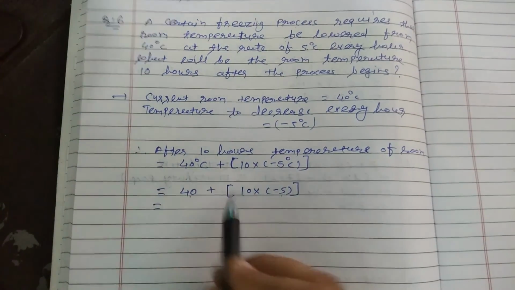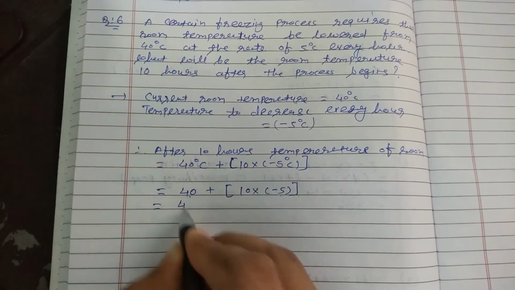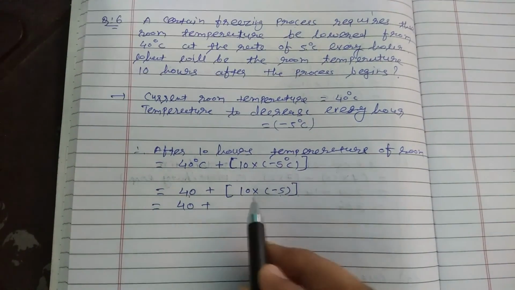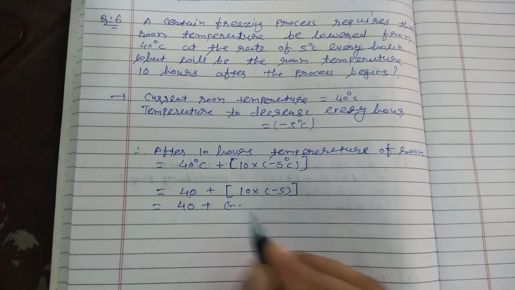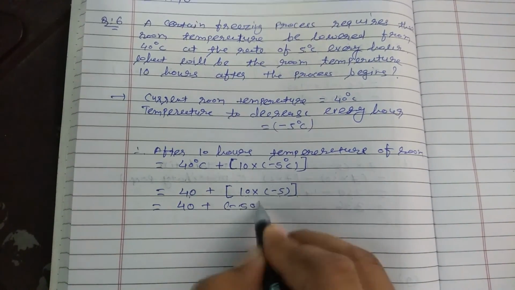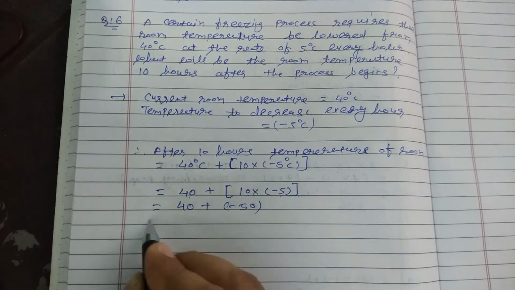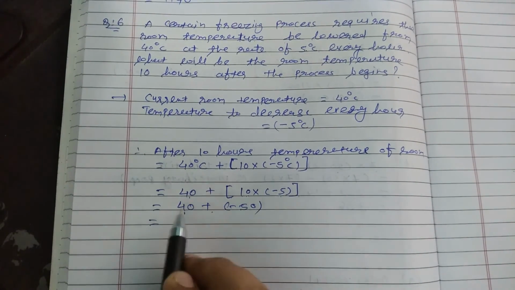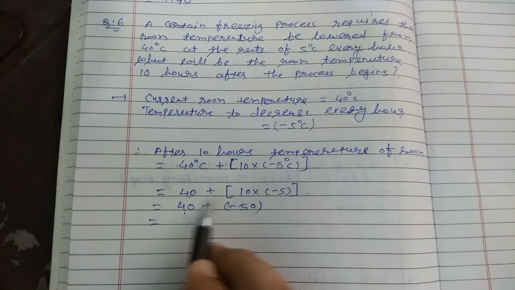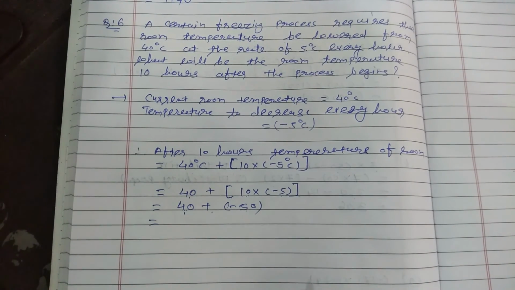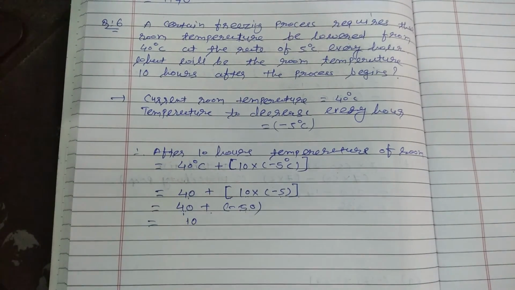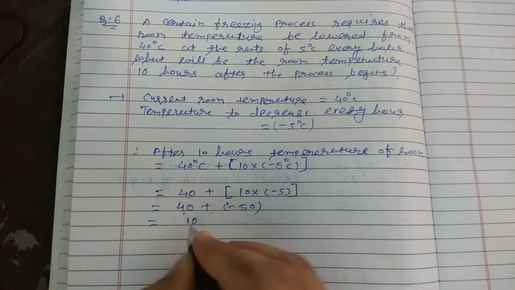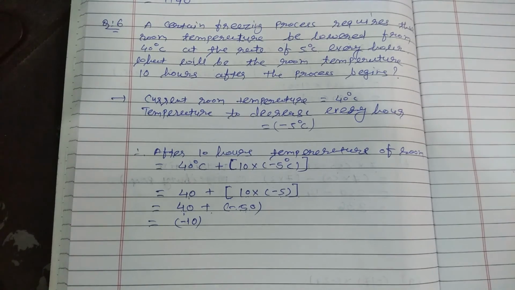So now we will open this bracket first: 10 multiplied by minus 5, plus minus, and 10 fives are 50, so it is minus 50. Now 40 plus minus 50: one positive, one negative, so in their addition we take the difference of their absolute values, that is 50 minus 40, which is 10, and the sign of the greater absolute value, here it is minus 50, so minus 10.